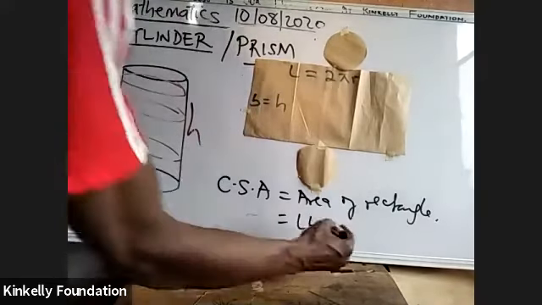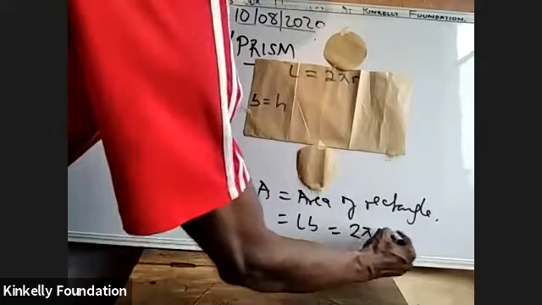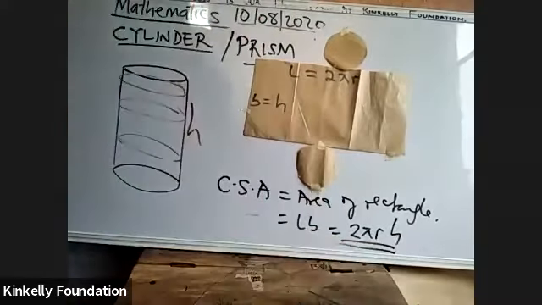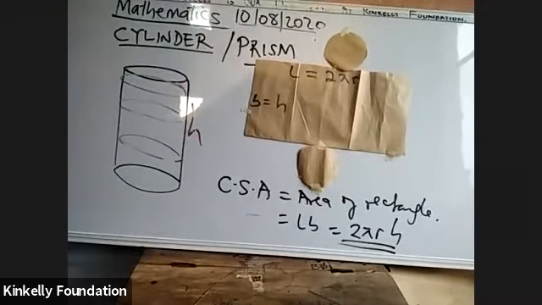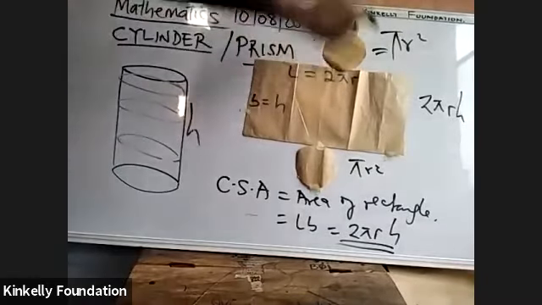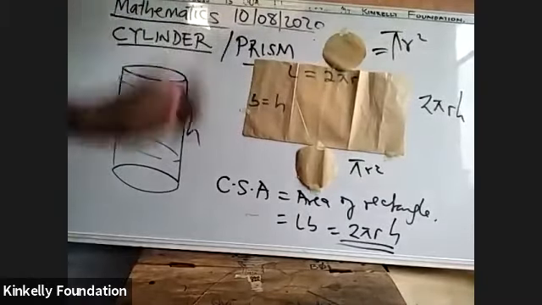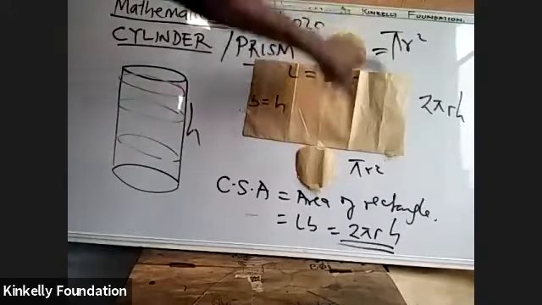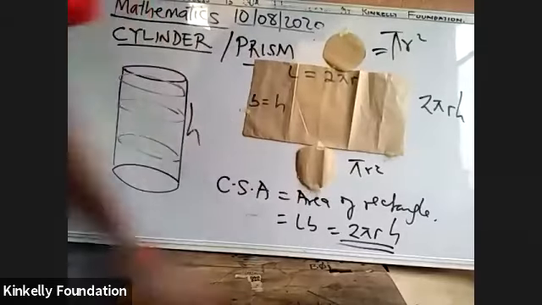The area of a rectangle is length times breadth. The length is 2 pi r, and the breadth is the height. So this is the curved surface area of a cylinder. We now talk about the total surface area. If it is a solid cylinder, it is closed at both ends, so we have these two circles as well.